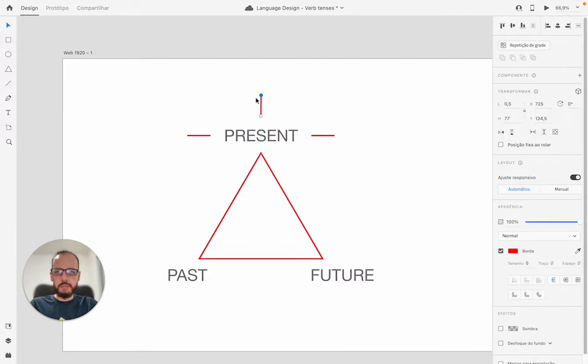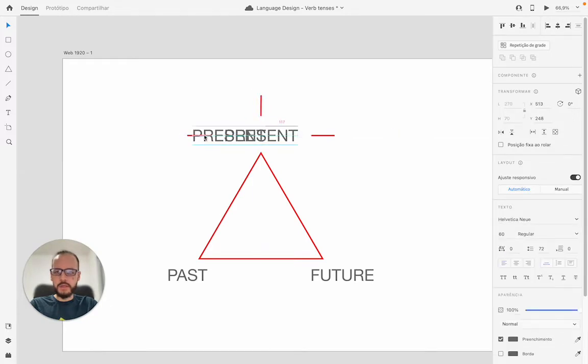I'm going to name all of them here. This is the affirmative, I'm going to make it plus, here we have a negative, so minus, and here we have an interrogative, so a question mark.